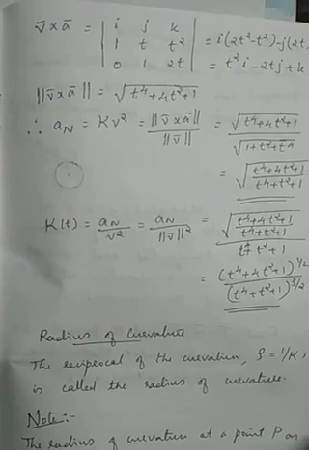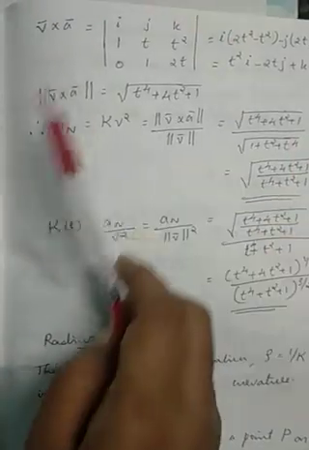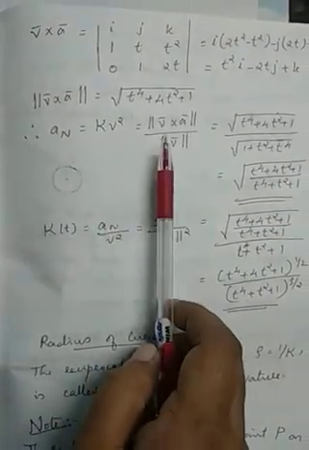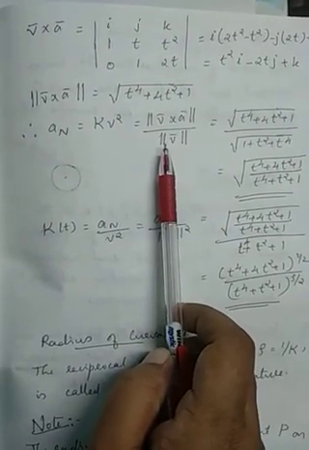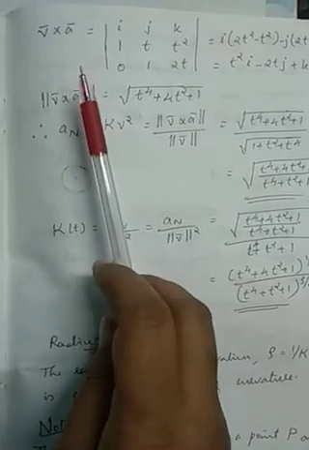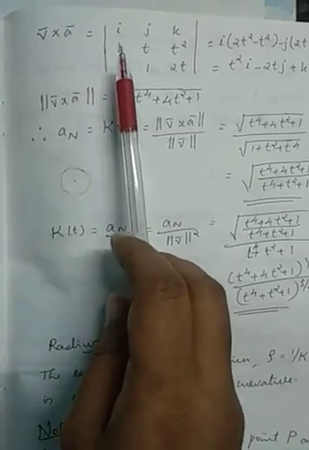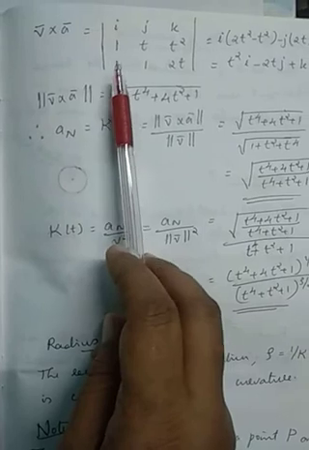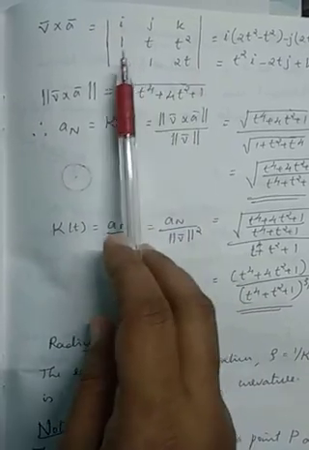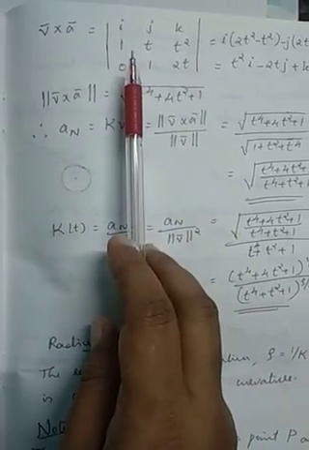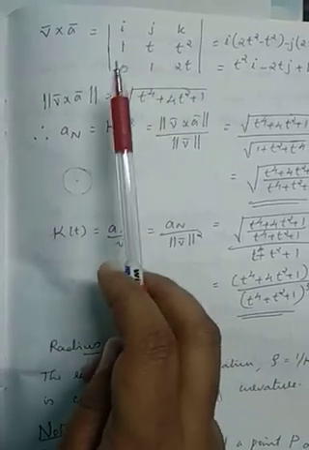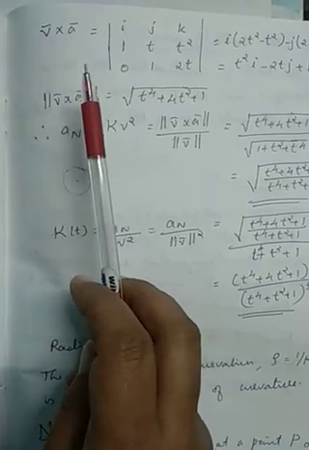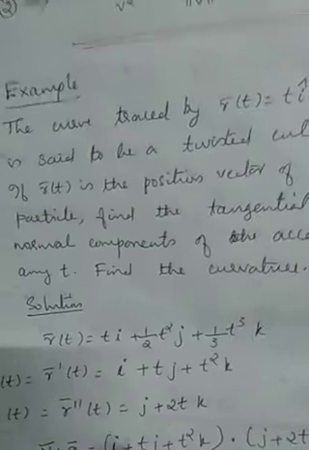Next, we have to find the normal component of acceleration AN, which is given by this formula, norm of V cross A divided by norm of V. So, first we find V cross A. V cross A is equal to the determinant with i, j, k in the first row, and the second row contains the coefficients of the vectors i, j, k in the vector V. What is vector V?